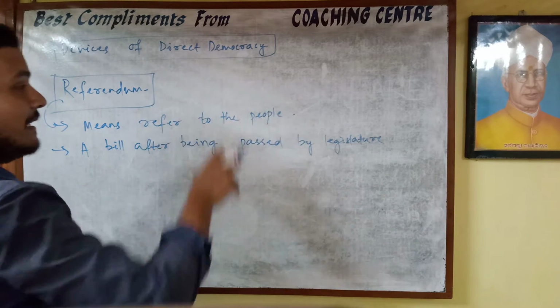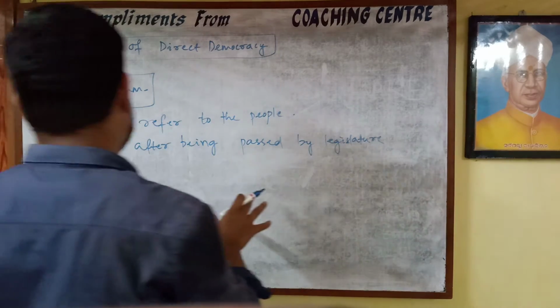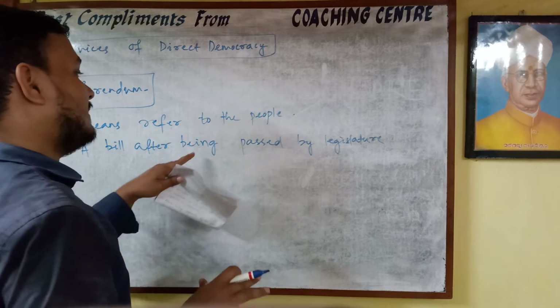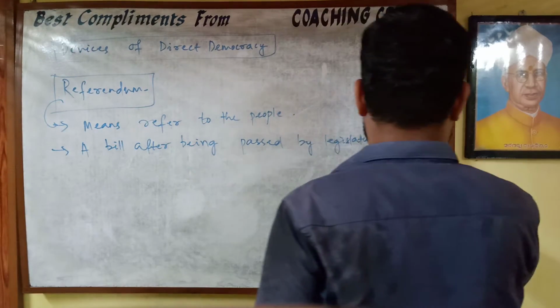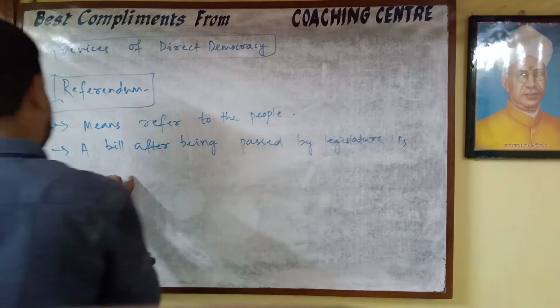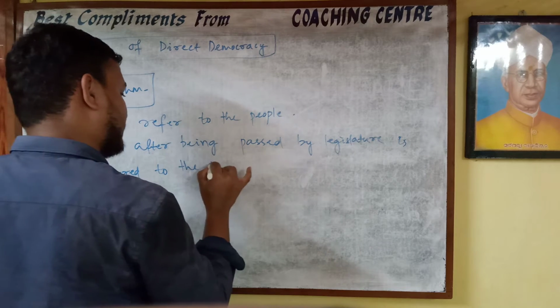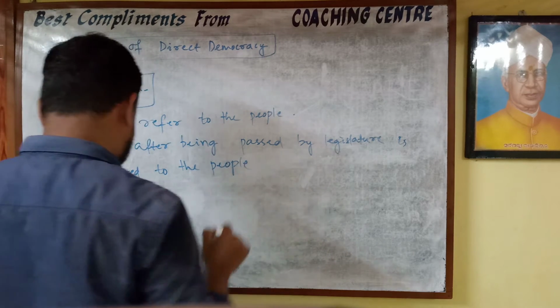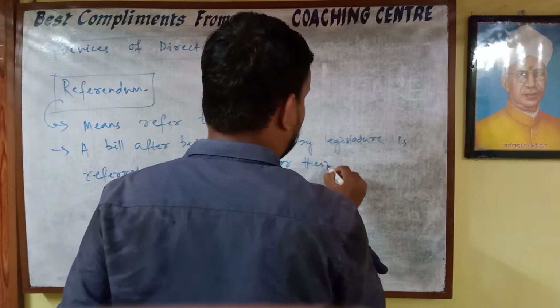We are discussing direct democracy, which is not prevailing in our country, right? So in direct democracy, a bill after being passed by the legislature is referred to the people for their opinion or approval.